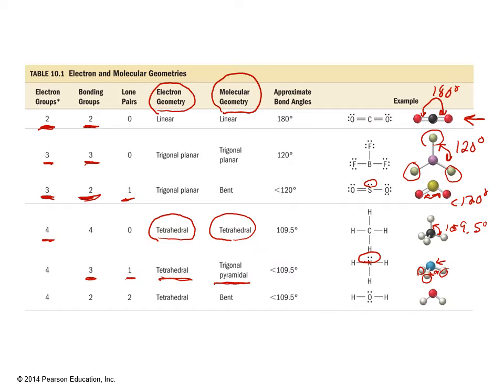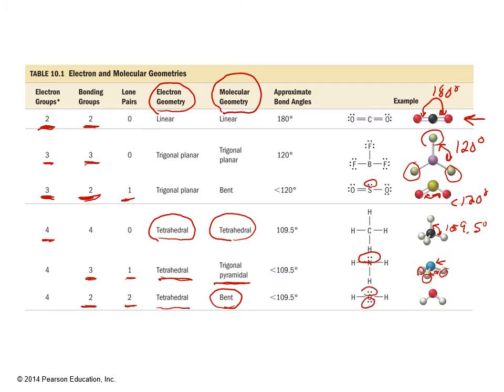This does decrease the bond angle, and so our bond angle between our hydrogens for this example would be less than 109.5. Another case we can have is two bonding groups and two lone pairs, as in the case of water. We have a tetrahedral electron geometry, but we have a bent molecular geometry because we do not see the lone pairs as points on the shape.